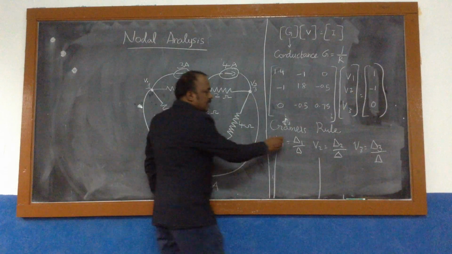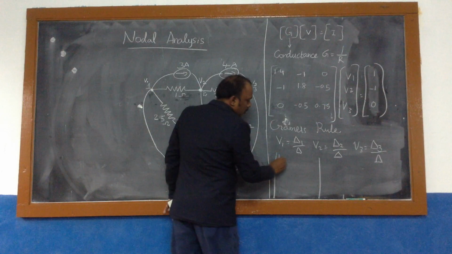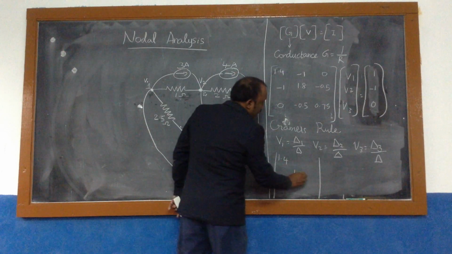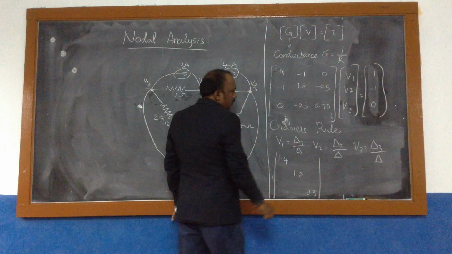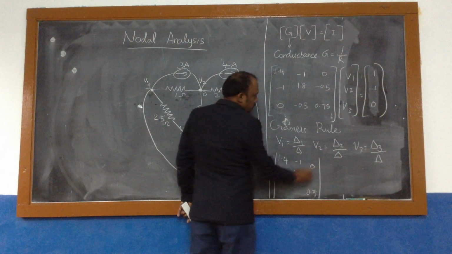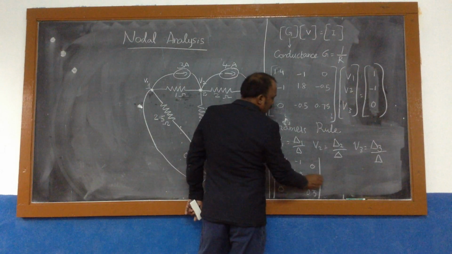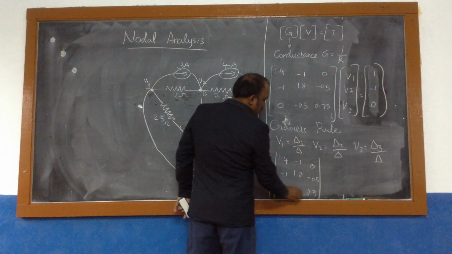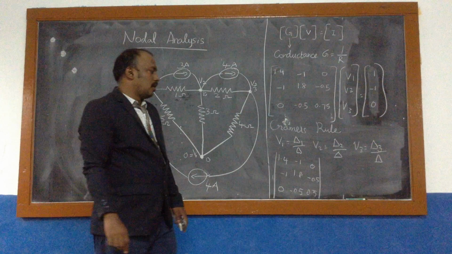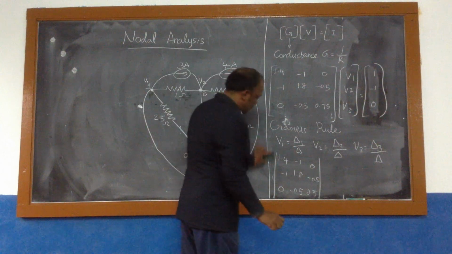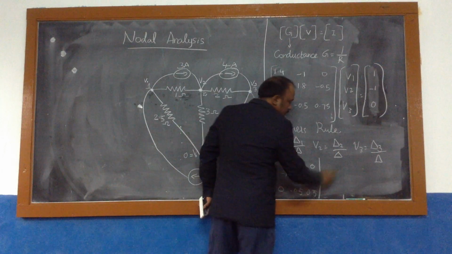What is del? Determinant of your conductance matrix: 1.4, 1.8, 0.75, -1, 0, 0, -1, -0.5. This is called del.